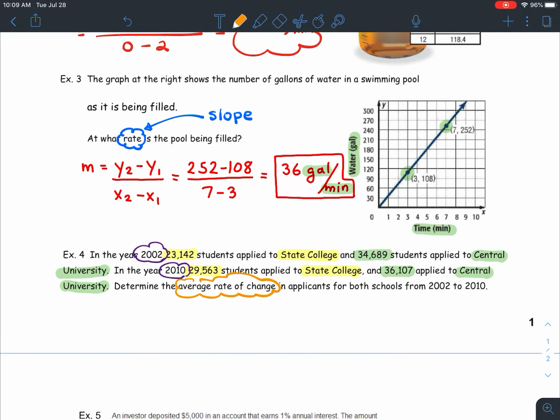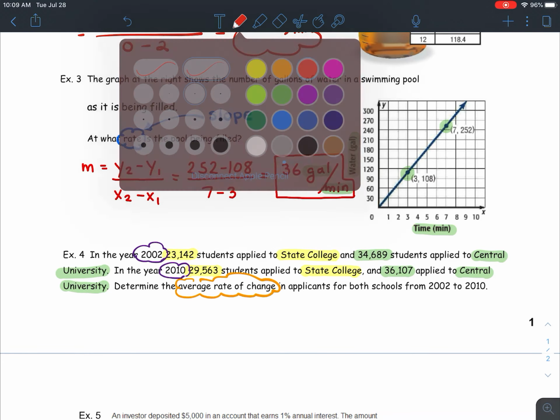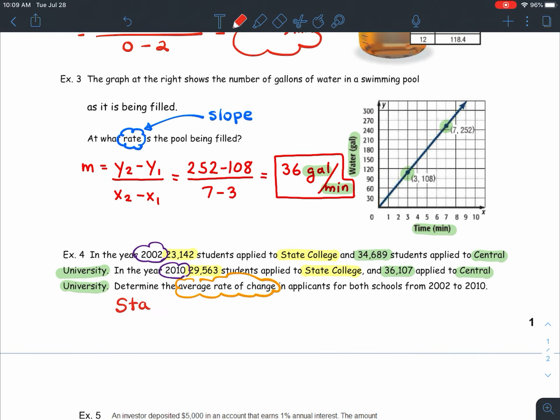Okay, so here's what we're going to want to do. Let's go ahead and organize our paper here so that we have State College over here on the left. Okay. So I'm going to make 2 columns, and then we're going to call this one over here Central U for Central University.